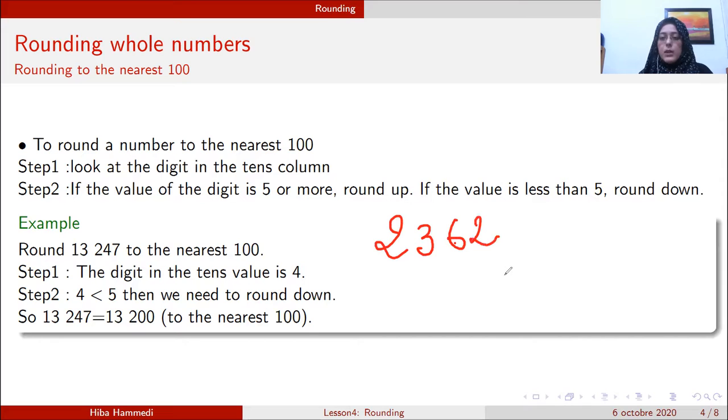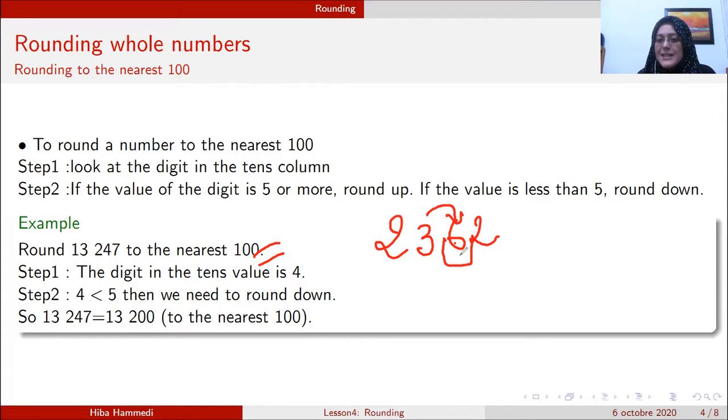362, for example. I would like to round it to the nearest 100. So I will check the value of the tens, always the number that is to the right of the place that I'm rounding to. I'm rounding to the hundreds, so I need to check the tens, right? The value of the tens is 6.